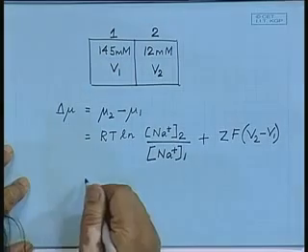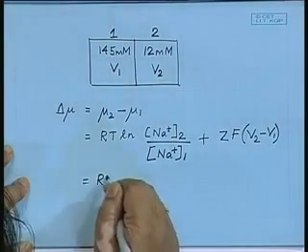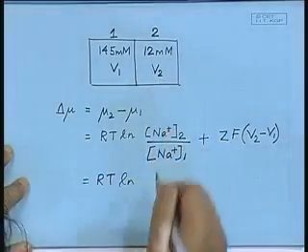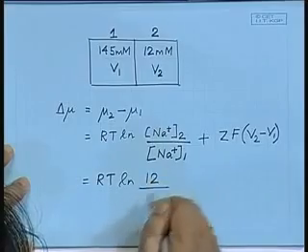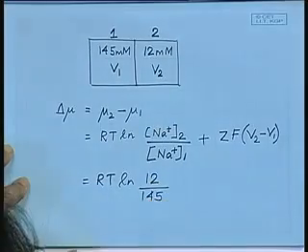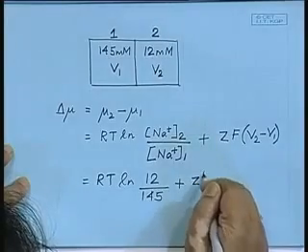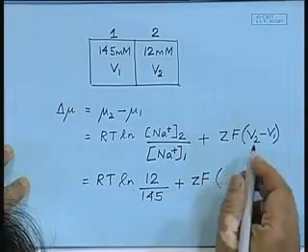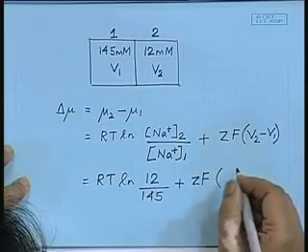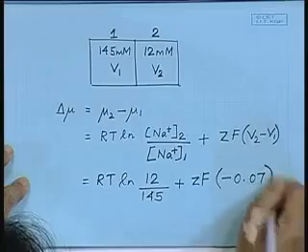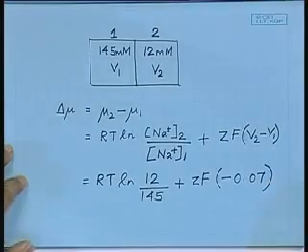So, if I calculate this, I am going to have 12 over 145, both in millimolar, and I have a Z and an F, and this V2 minus V1 is actually minus 70 millivolts. So, we have this.